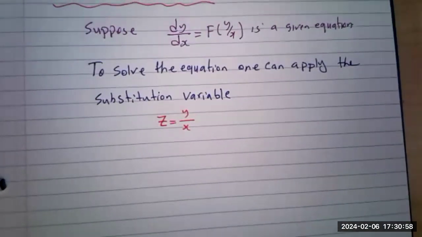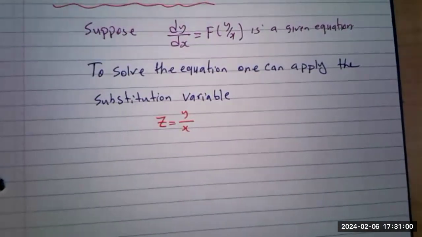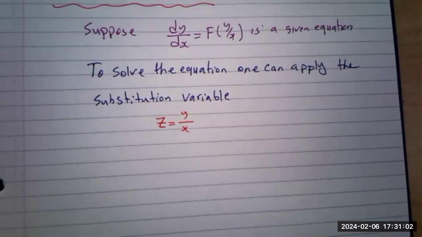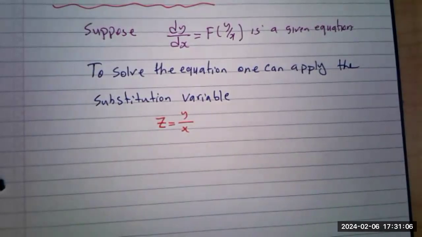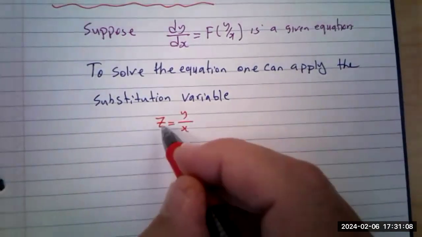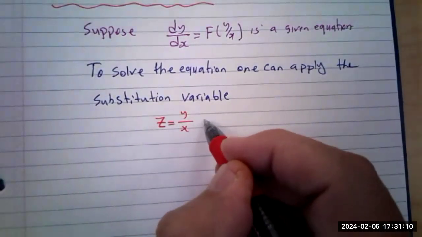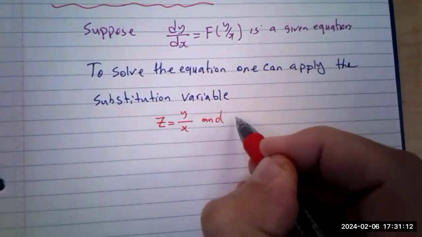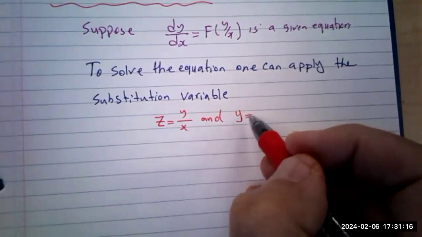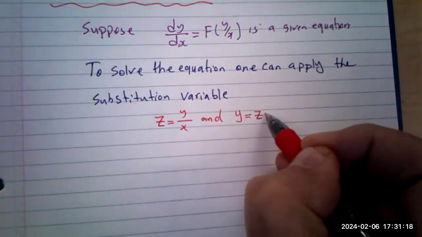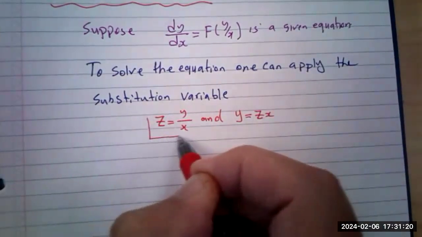We go with y over x all the time. If you go with x over y, it's going to be the same thing. As soon as I put z equal to y over x, then what's the conclusion? I cross multiply it, and that gives me y equal to z times x. So I have these two.